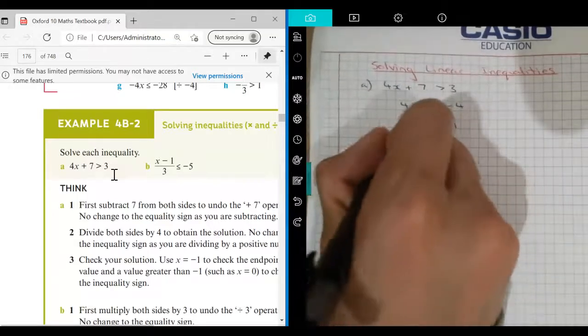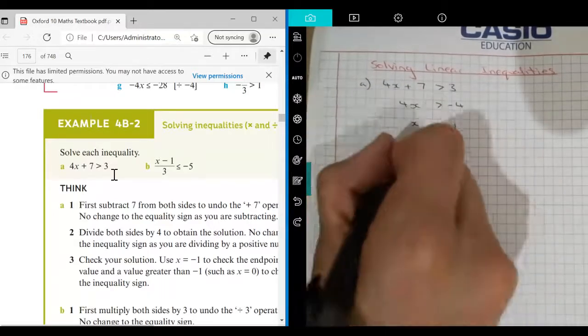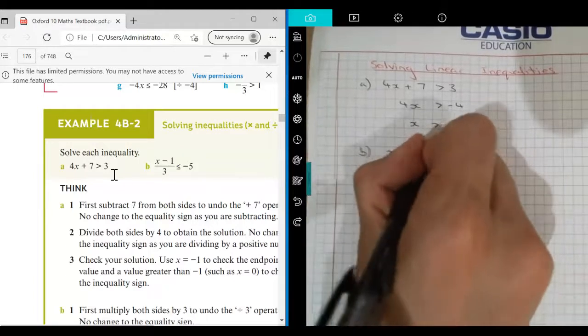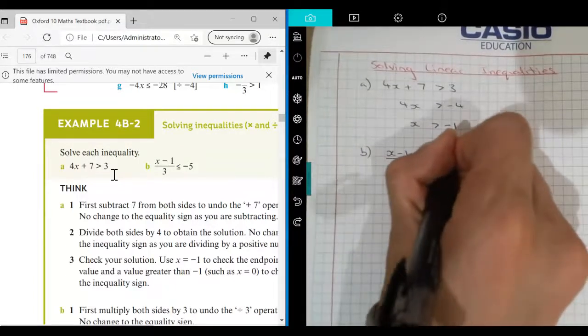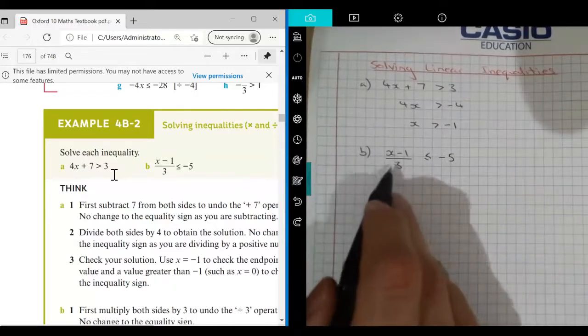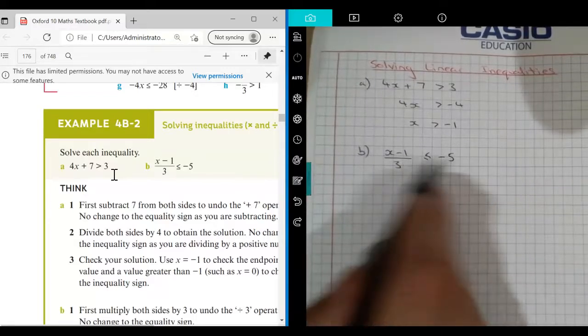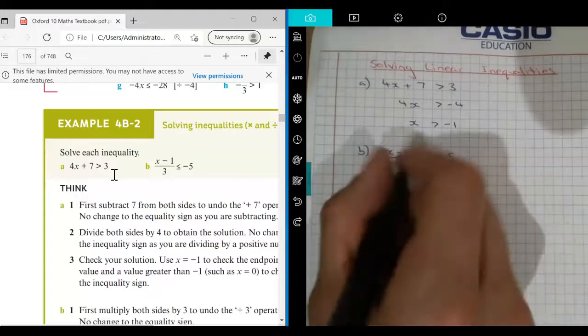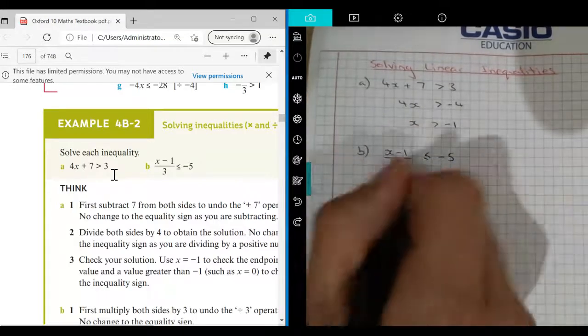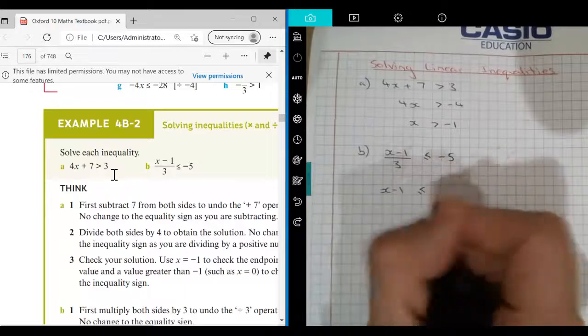So what if I had x minus 1 over 3 is less than or equal to minus 5? Again, we are going to try and get rid of this 3, so we multiply both sides by 3. On the left, I'm going to be left with x minus 1. This symbol is going to stay as is, less than or equal to.